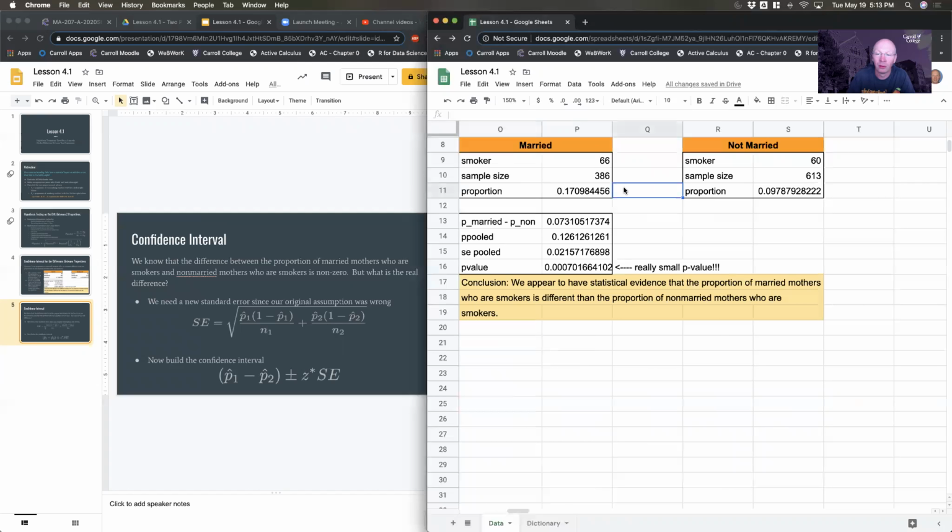So this one right here is P1 hat, and this one right here is P2 hat. The little hats say I'm actually measuring something from the sample, not the null hypothesis.